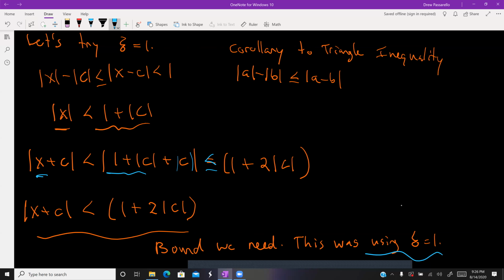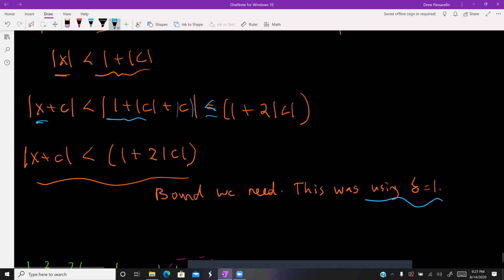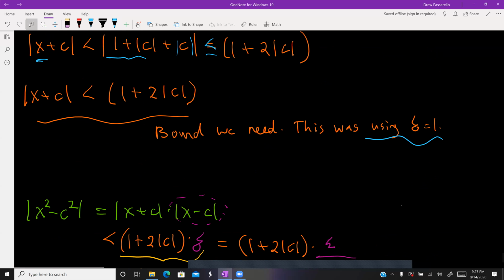So that makes the whole thing x plus c less than 1 plus 2 times the absolute value of c. We could drop the absolute value since 1 plus that is going to be positive. All right, and that was the bound that we needed for the x plus c part, and that was using delta being 1.